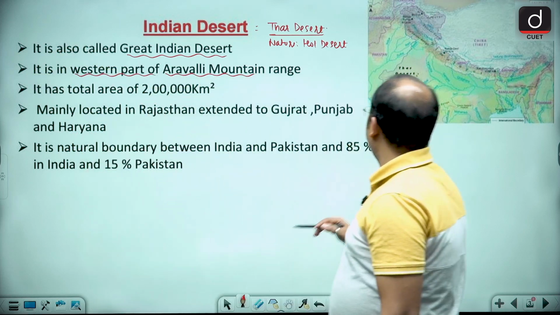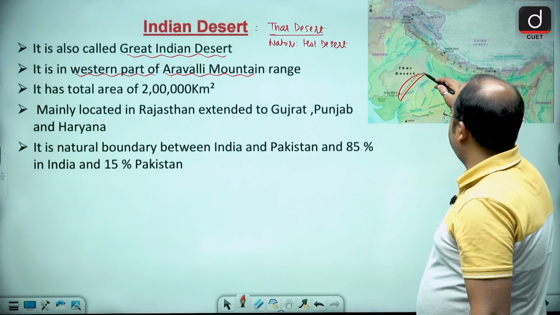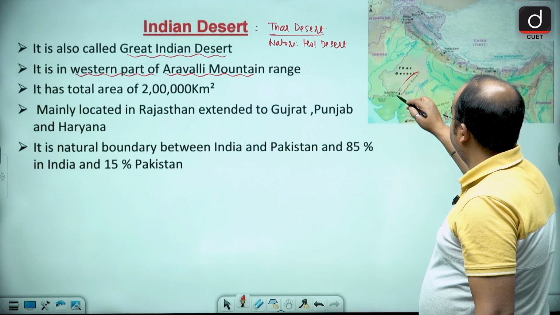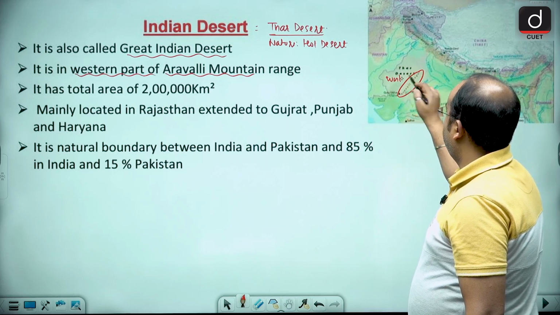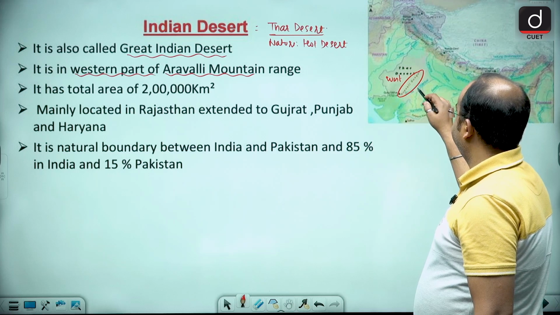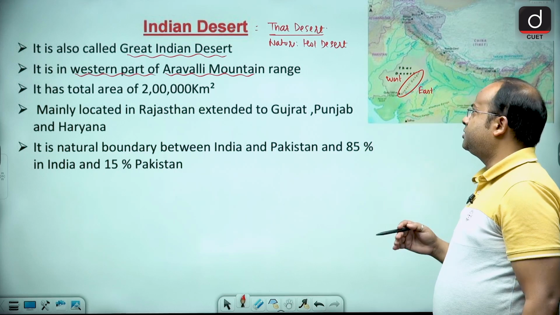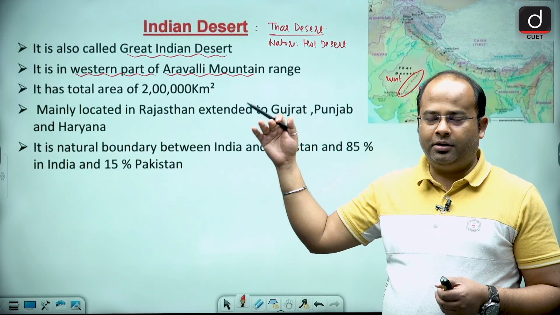On the map you can see the Aravalli mountain range being highlighted. This is the eastern part, and on the west of the Aravalli mountain range, my dear learners, you will find the Thar Desert.